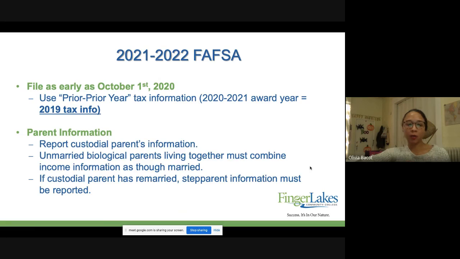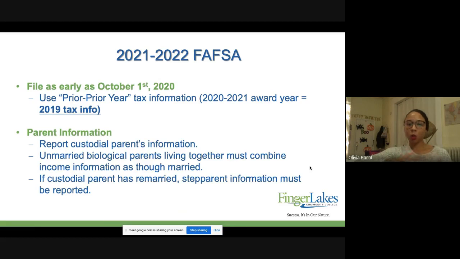Typically for parent information, it's going to be the custodial parent. So unmarried biological parents living together must combine income information as though married. If the custodial parent has remarried, then a step parent must provide their information on the FAFSA as well.